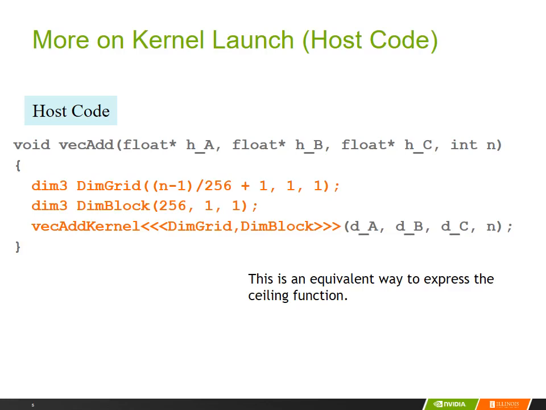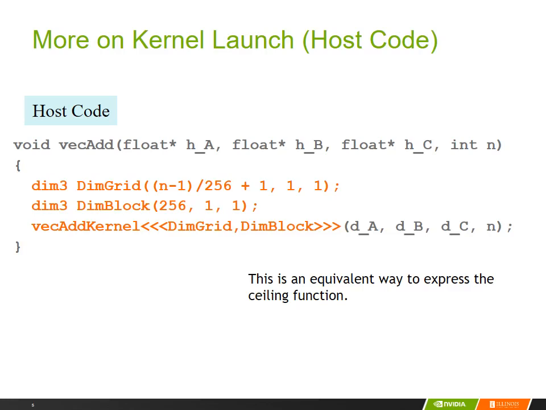But in general, we may be launching 2-dimension or 3-dimension thread blocks. So in those cases, it is better to initialize all the dimensions in separate statements and then use the resulting struct variable in the configuration parameters.